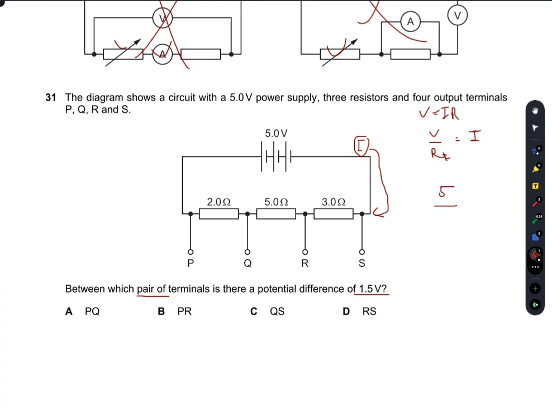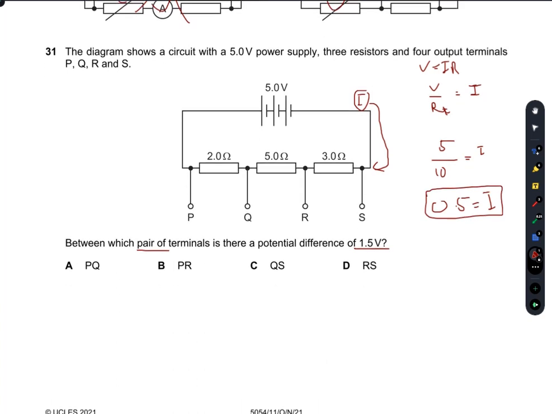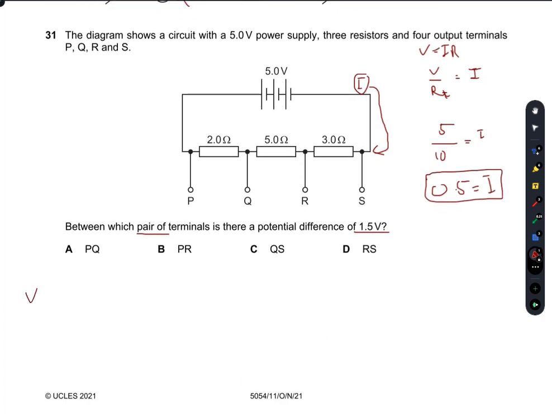So 5 over (2 plus 5 plus 3), that is 10, equals I. So 0.5 amps is the current which flows through each of these resistors. Now for the potential difference VPQ, that will be 0.5 times 2, so that is 1 volt. So this is incorrect.